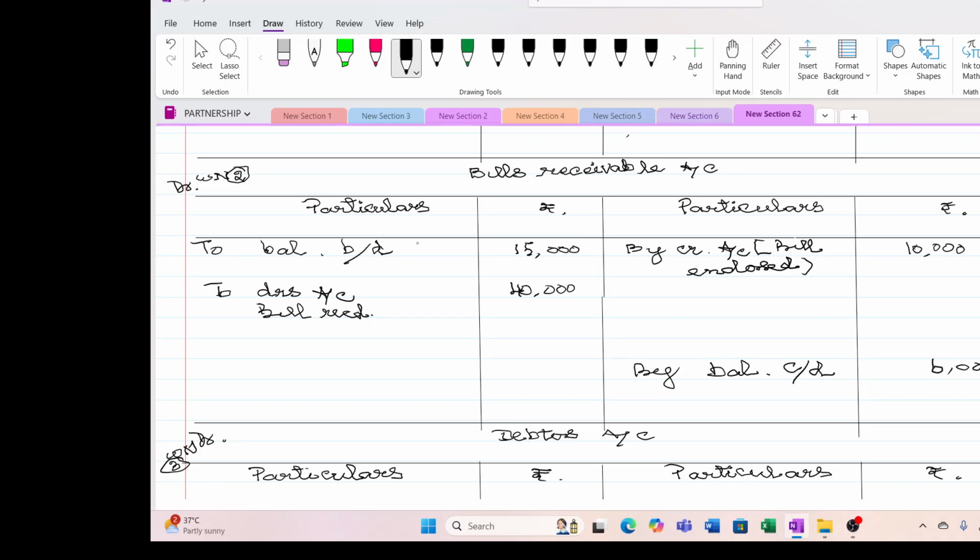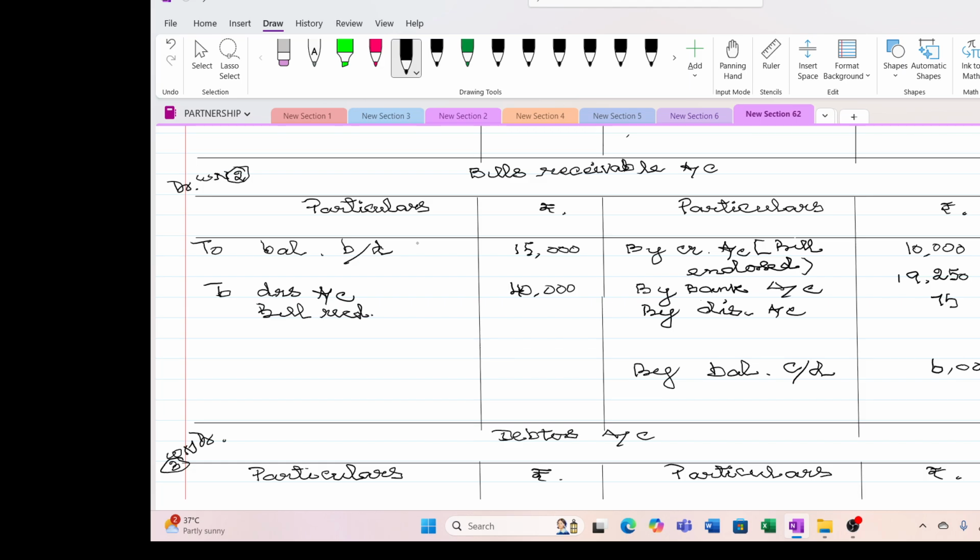Bill is going out for 20,000 by bank account 19,250, by discount account 750.